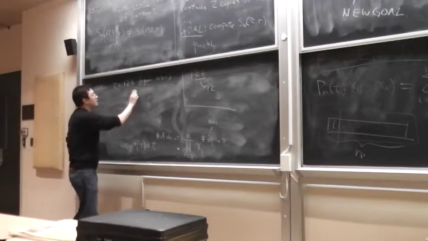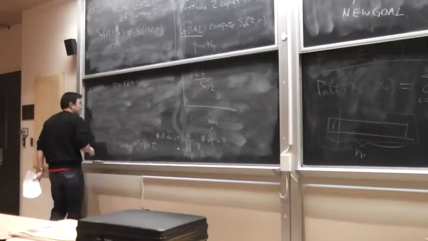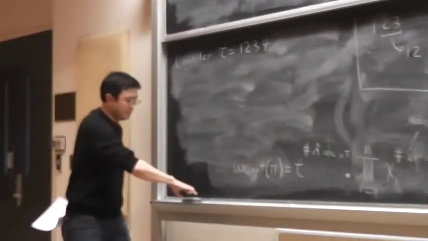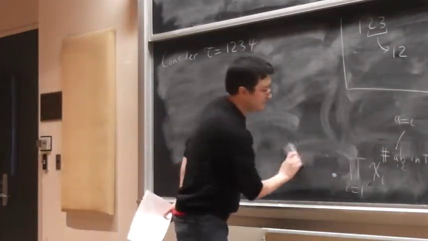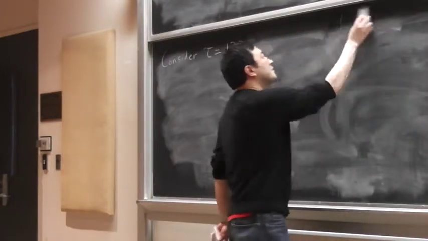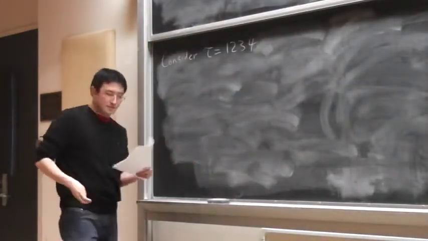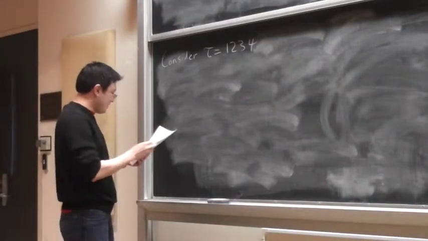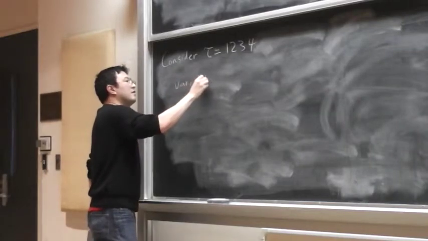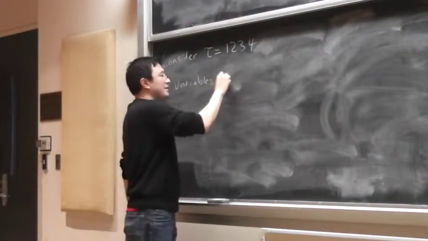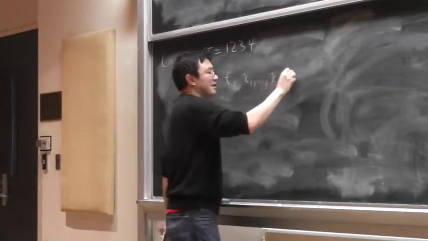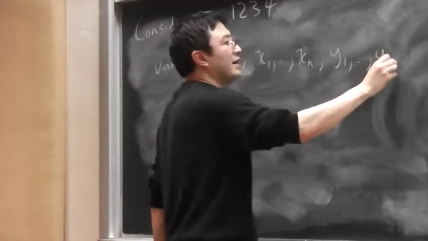This general idea, we can extend it to, say, the pattern 1, 2, 3, 4, and the general methodology still holds. This time we'll have variables t and then x1 to xn, and also some y1 to yn.